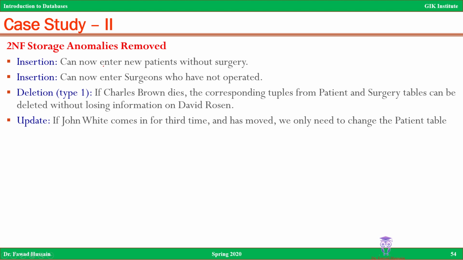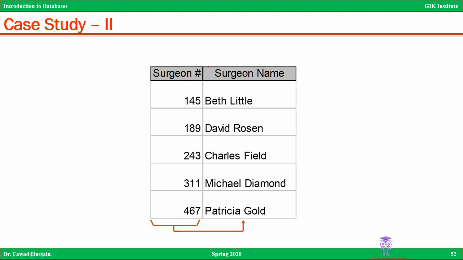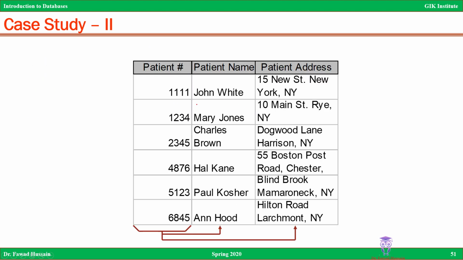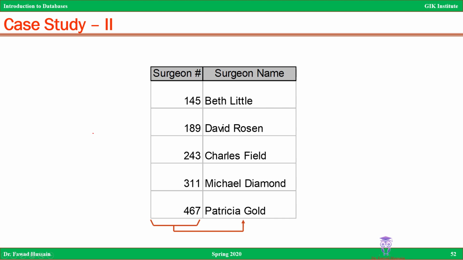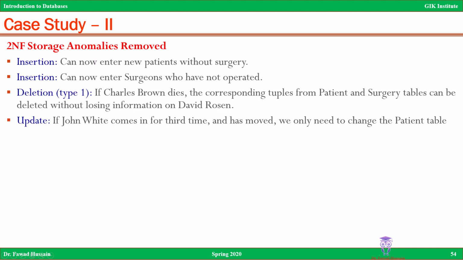Now we can insert a new patient without surgery. Reason being, we have this table, so we can have the detail of a patient irrespective of whether that patient has undergone surgery or not. Now we can enter a surgeon who has not operated. That's also fine. Now there is a problem with deletion. If Charles Brown dies, the corresponding tuples from the patient surgery table can be deleted without losing information.